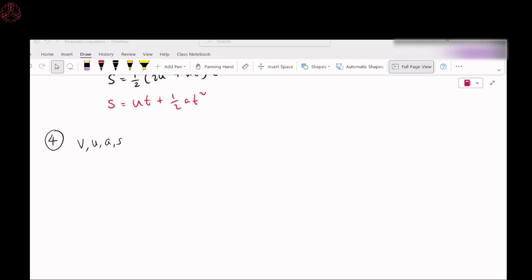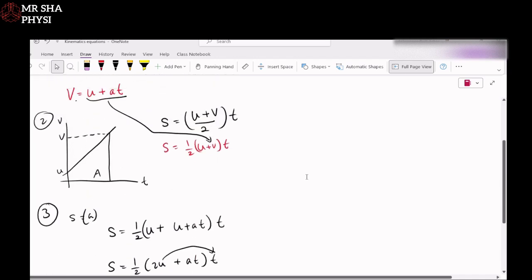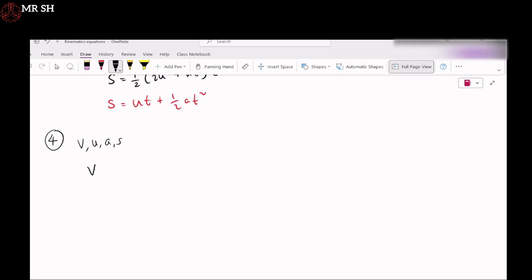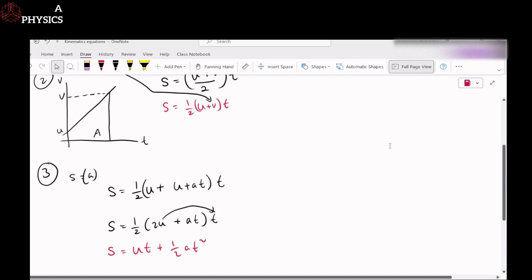So we need to get rid of time, and how we get rid of time is by referring to the first one. We have v equals u plus at. I can rearrange that to get t equals v minus u over a. Then I can substitute that into either of the other two equations.